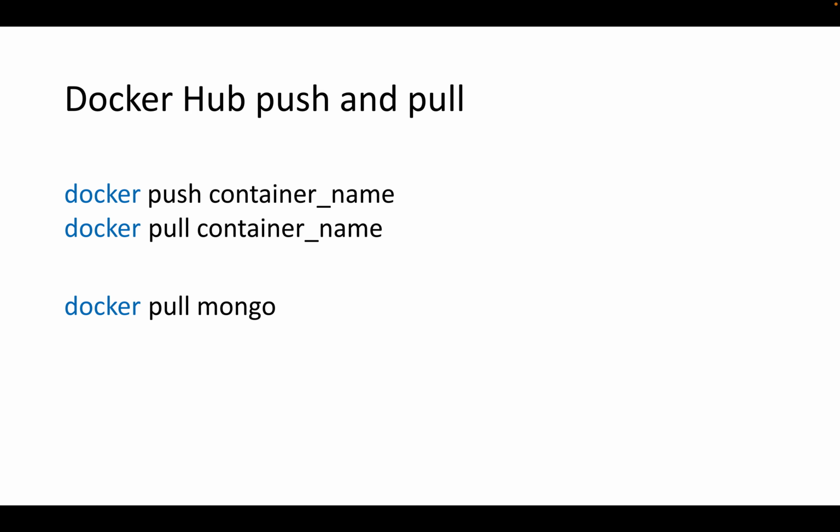So, as I already mentioned, the most popular Docker repository is Docker Hub, and you can push your own containers to Docker Hub. In order to do that, you need to sign up for a Docker Hub account. It's free, and all your containers will be publicly available.